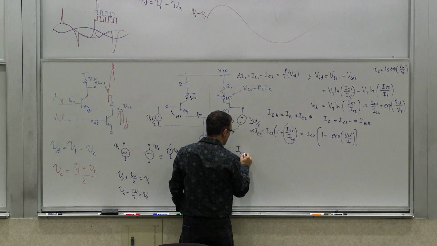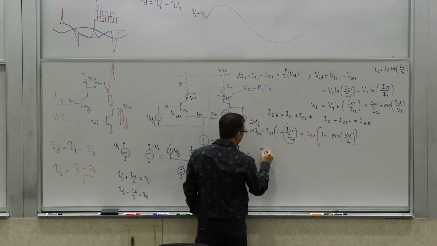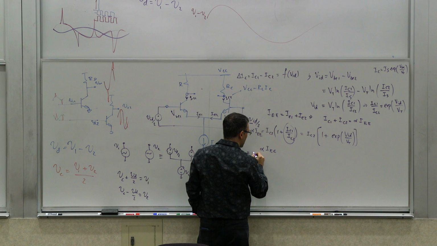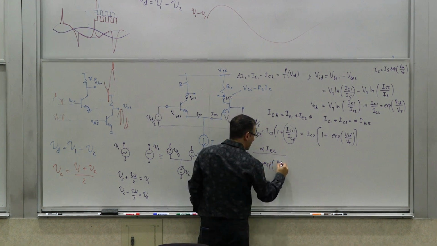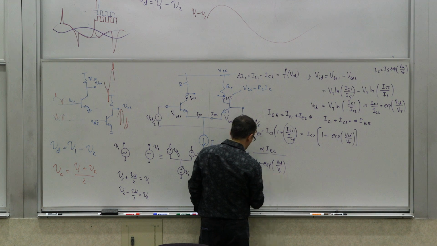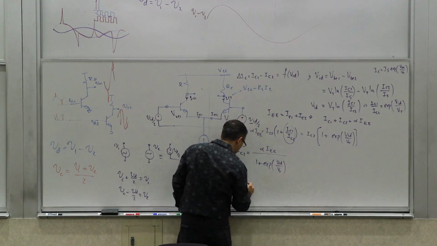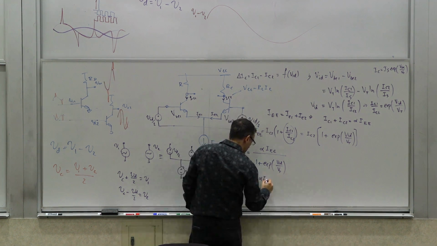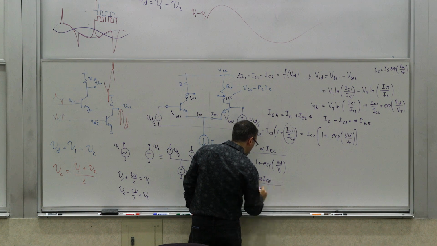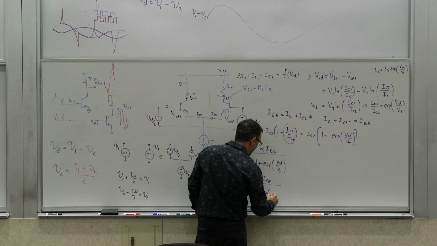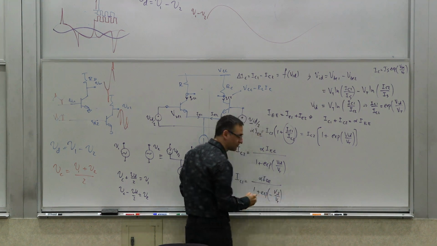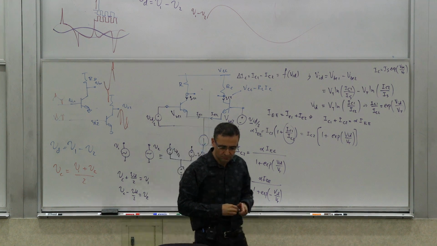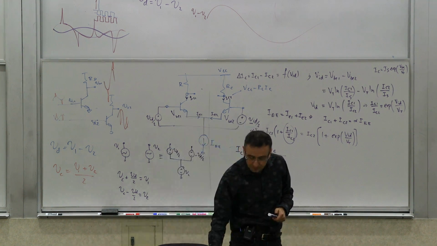So IC2 from this is simply alpha IEE divided by 1 plus e to the VID over VT. And likewise, you will get an IC1, which is alpha IEE over 1 plus e to the negative VID over VT. Right? Does that make sense?